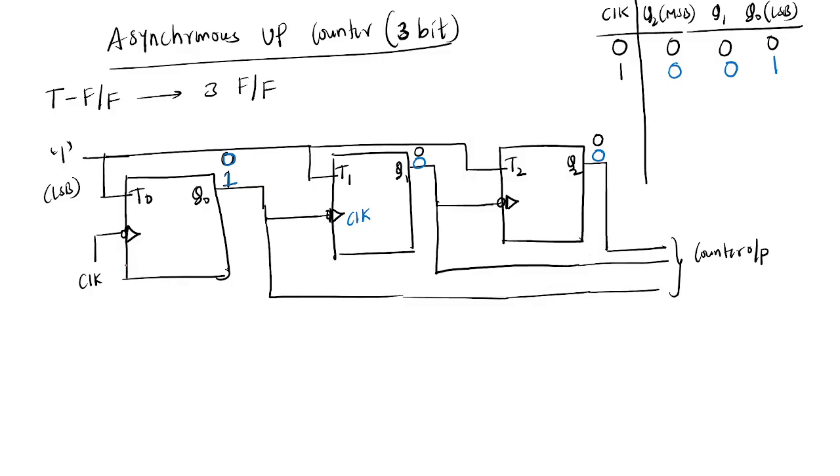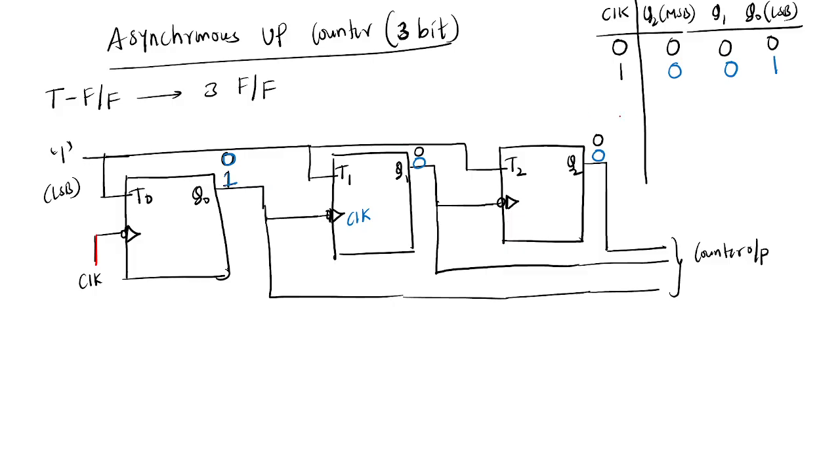It will toggle every time, because we are giving the direct clock. The outputs of the second and third flip flops depend on the output of this flip flop.